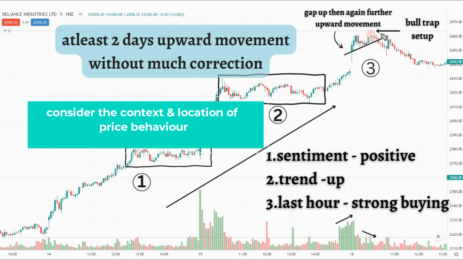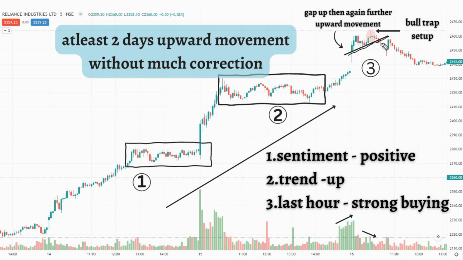Then we saw a structural breakdown of this trendline support and also the last important swing low after failure to break the important swing high. This is very important, and also the volumes have gone down. So we'll enter short here, stop loss here, and see the huge downside momentum after that.